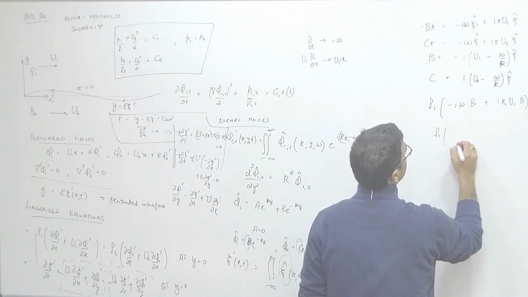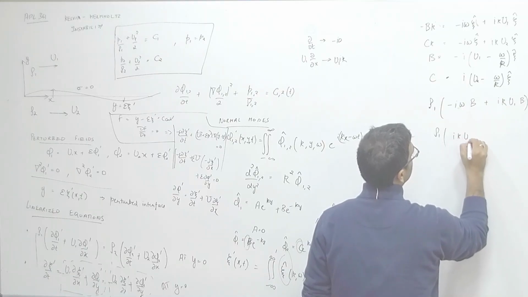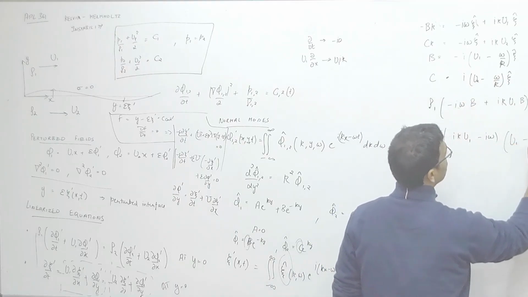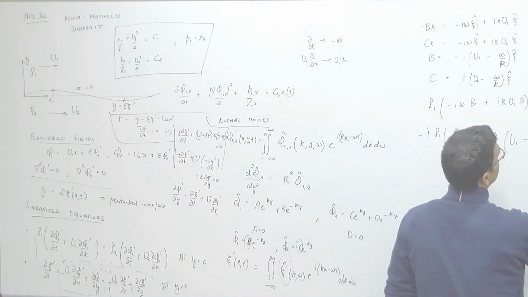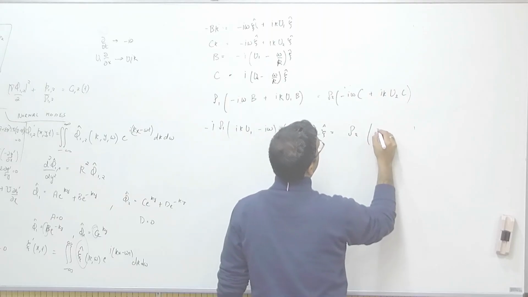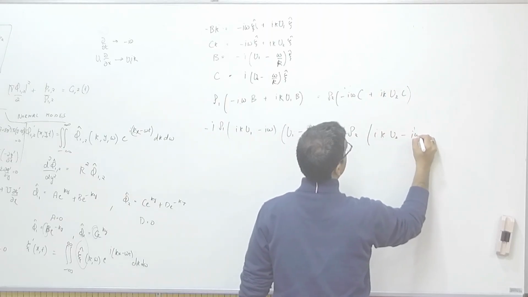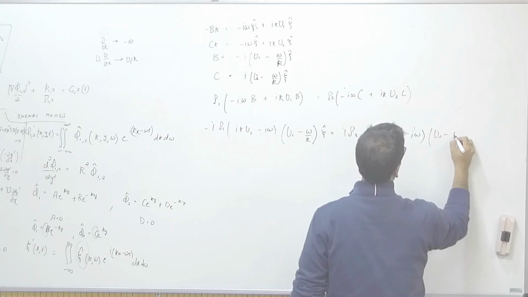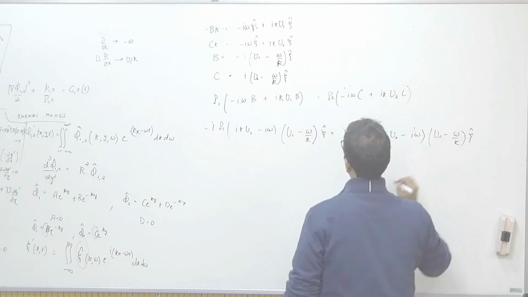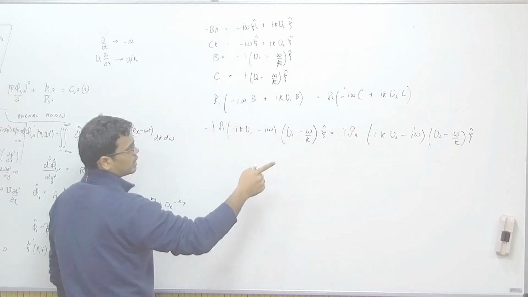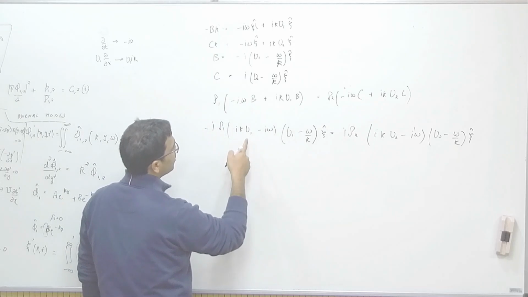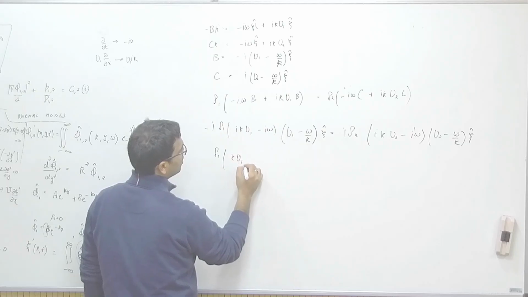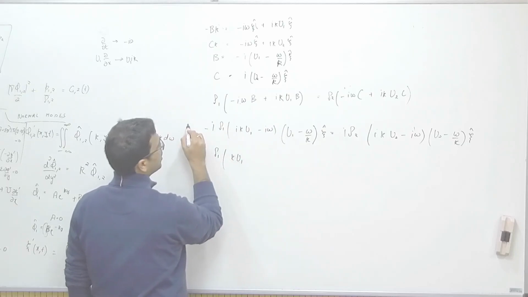So rho 1 I k u1 minus I omega times b, which is minus I u1 minus omega by k c hat, equals rho 2 I k u2 minus I omega times capital C, which is I times u2 minus omega by k c hat. So for a non-trivial solution, when c hat is not 0, what do we get? So let's take I here. So this becomes rho 1 k u1, or let's multiply the whole equation with k also.